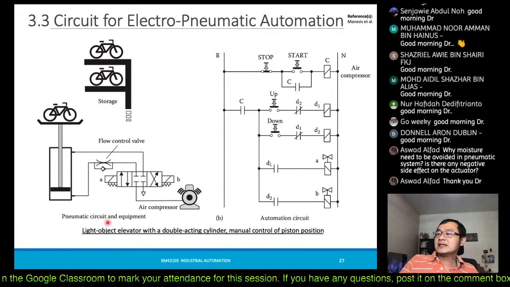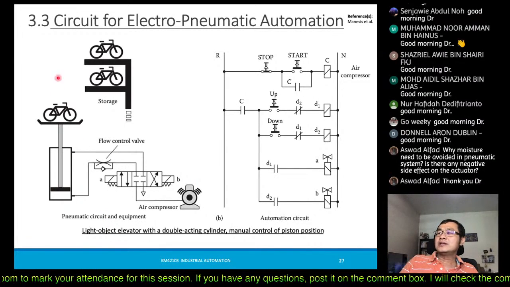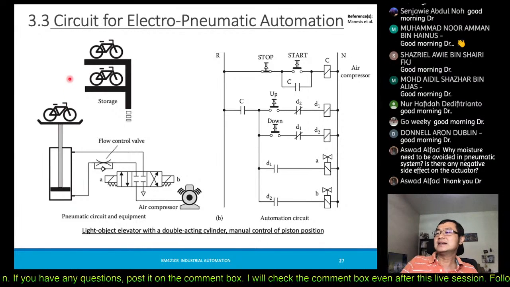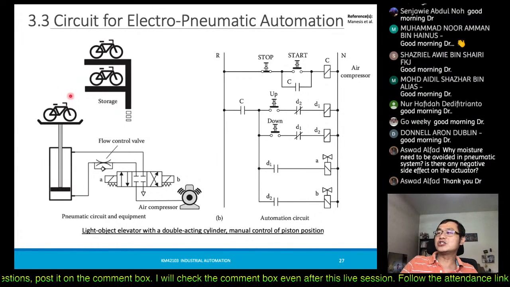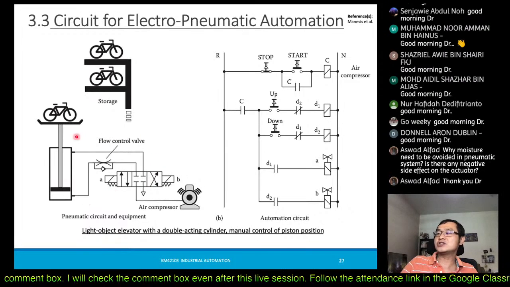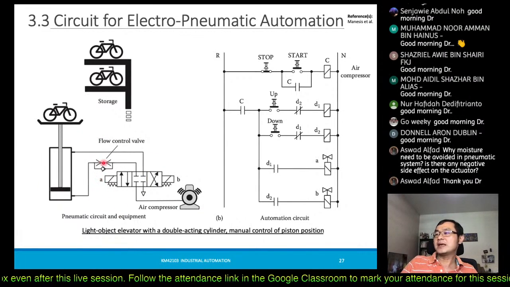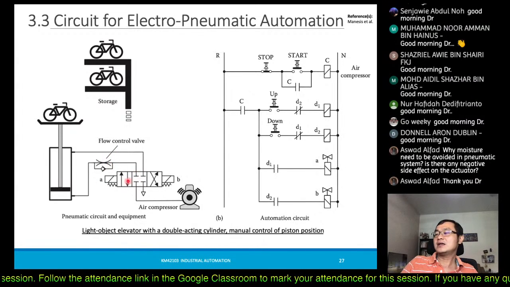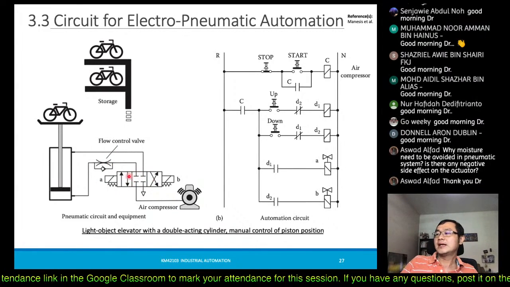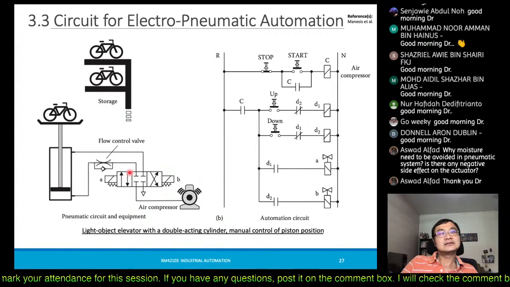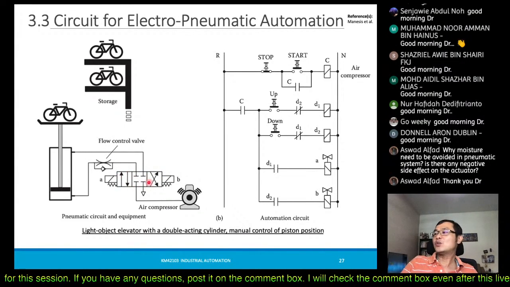So this is a lightweight elevator to elevate the object to a certain position that you want through the operation of a piston. So you may have the flow control valve and the directional control valve itself.